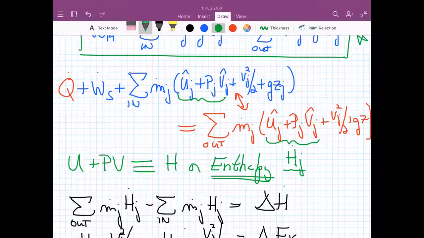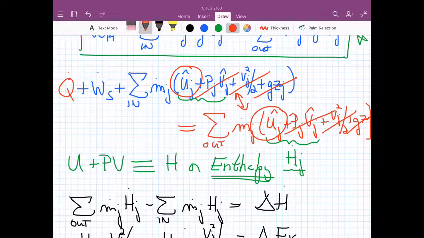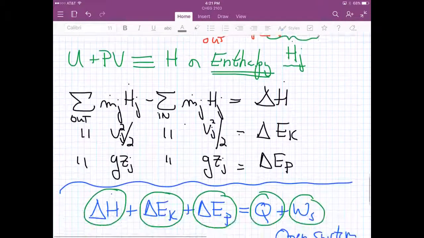If none of the streams coming in or out exist anymore, those terms go away, and I'm left with delta U equal to Q plus W, which is my closed system energy balance. So the open system energy balance collapses back to the closed system energy balance if all the streams go away, which is exactly what we should expect.